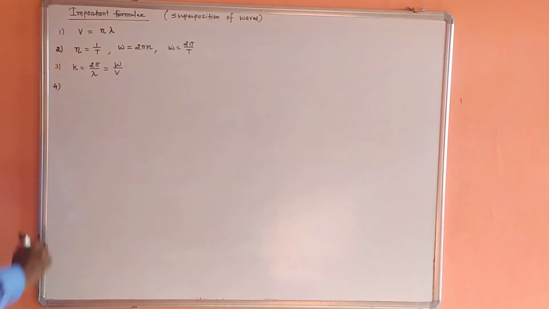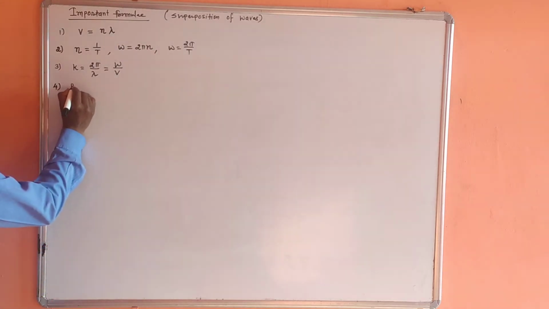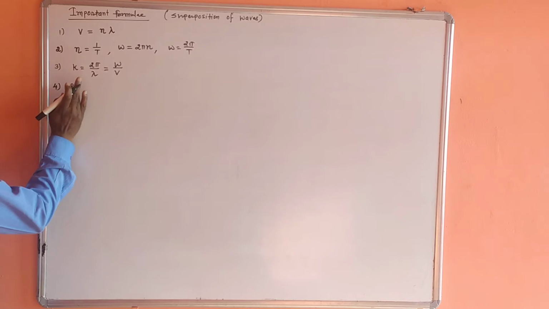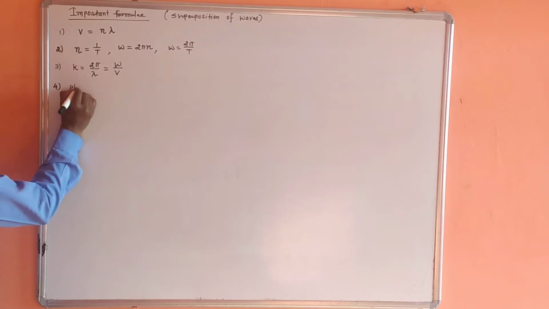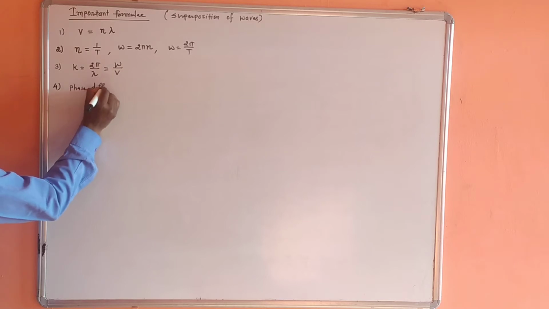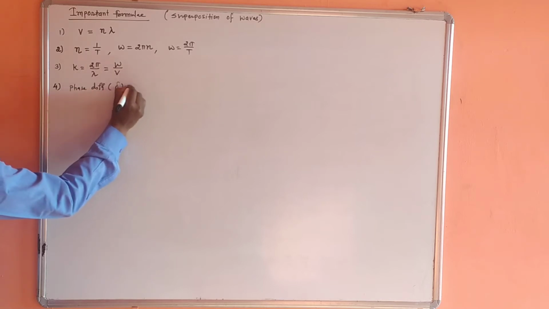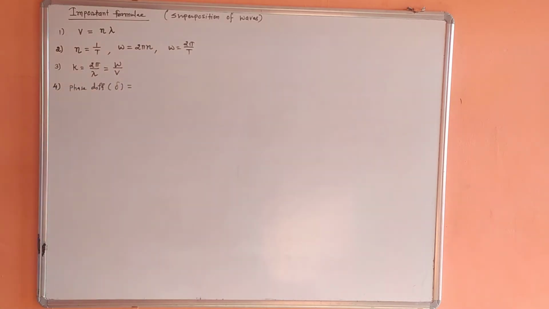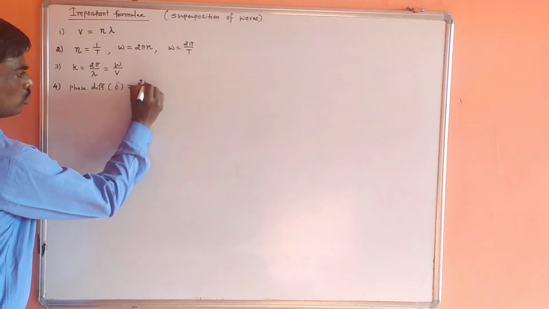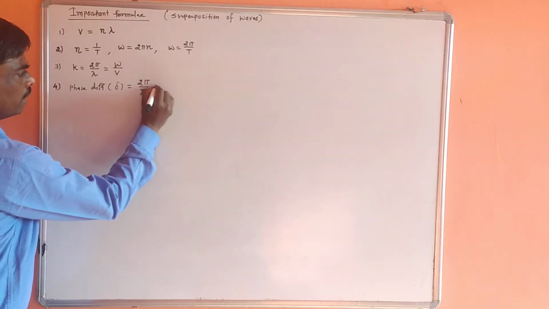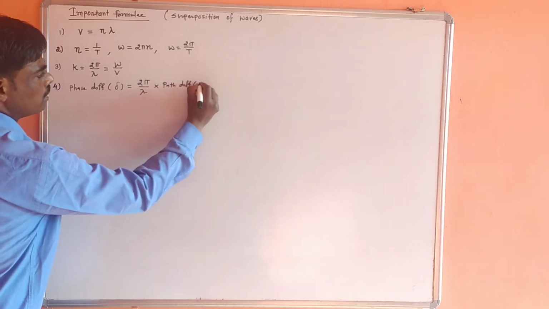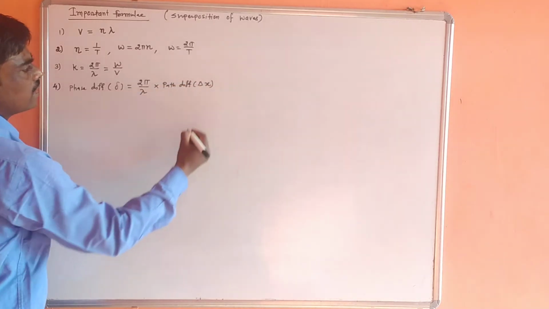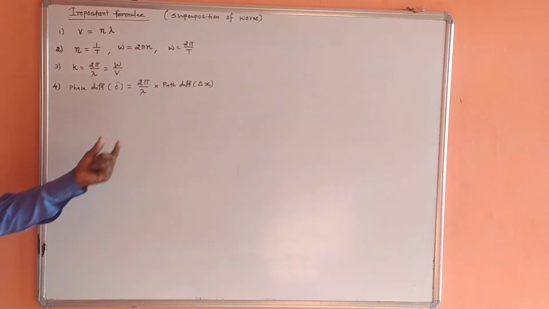Then fourth, path difference, or we can say phase difference. I will represent phase difference as del. So del is equal to 2 pi by lambda into path difference, represented as del x.